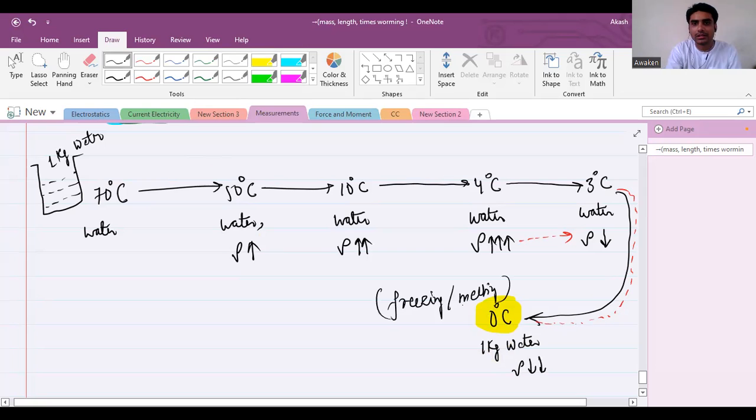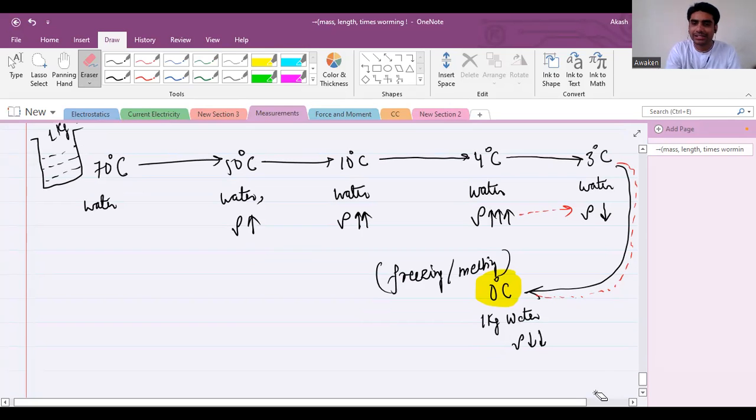Now if you have just arrived at 0 degree centigrade, wait, first try to understand. It will remain water only. Nothing will happen. It won't convert into ice. Got this much?